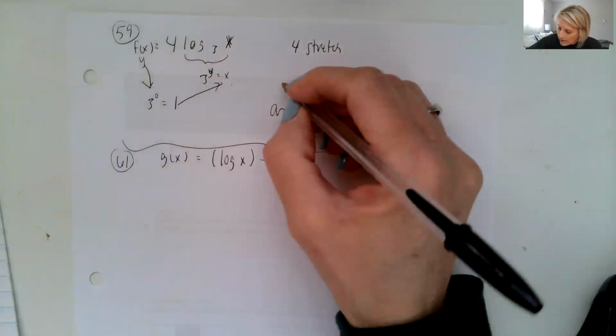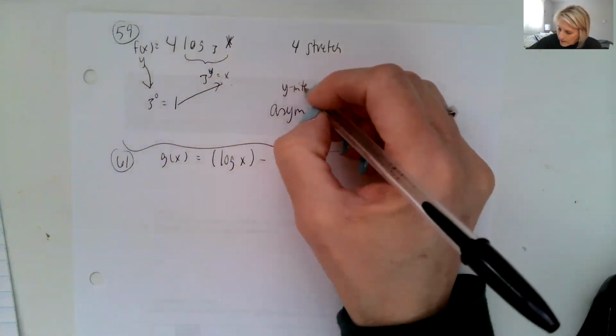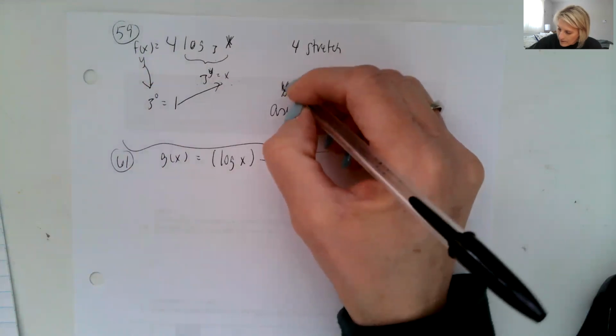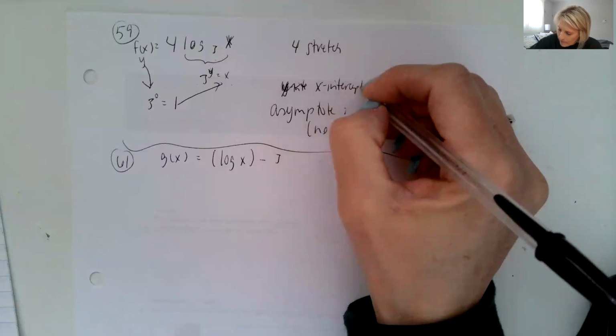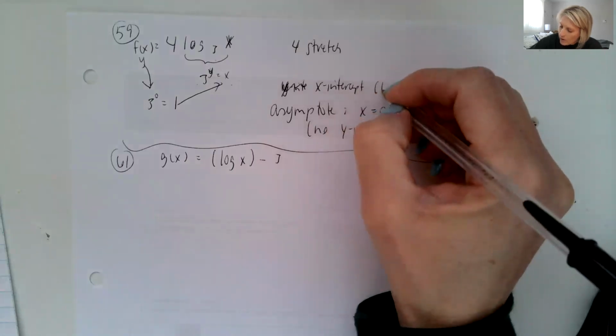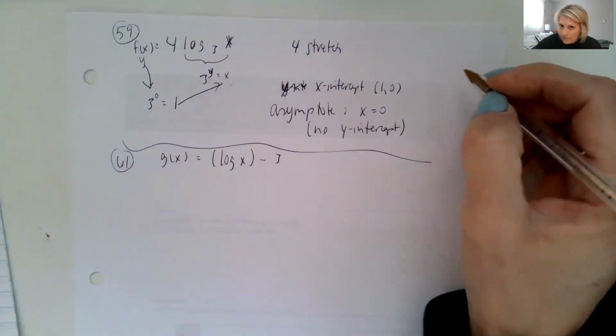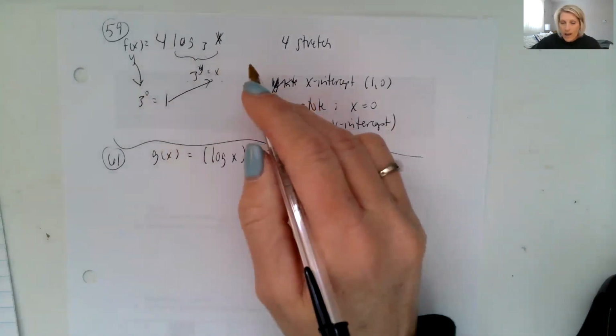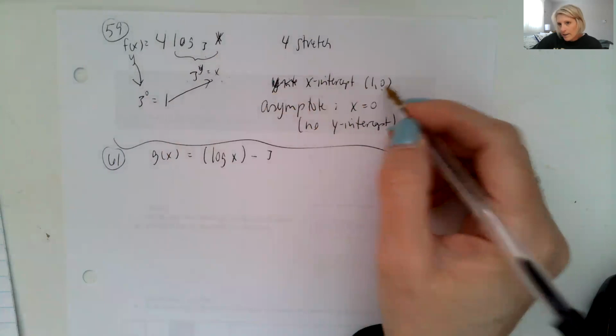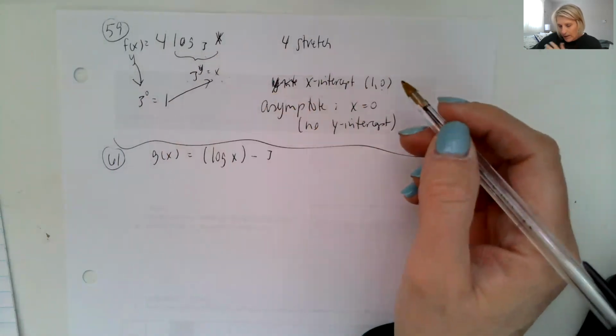So my x-intercept is at (1, 0). Then we're multiplying by 4 afterward, but y is 0, so it doesn't really matter on that one.